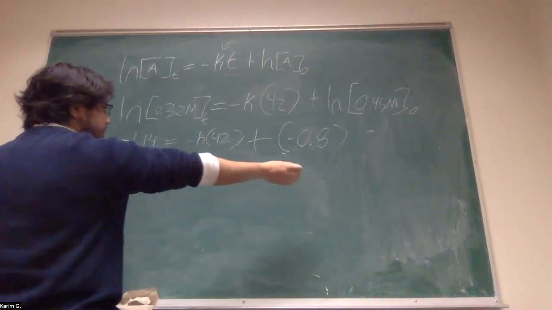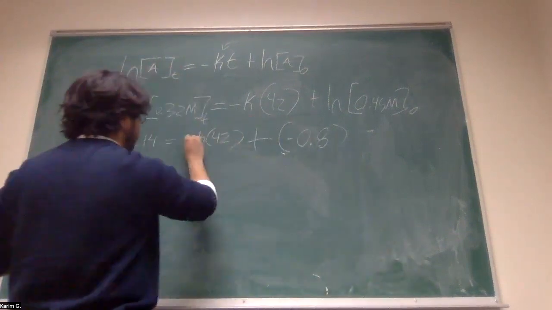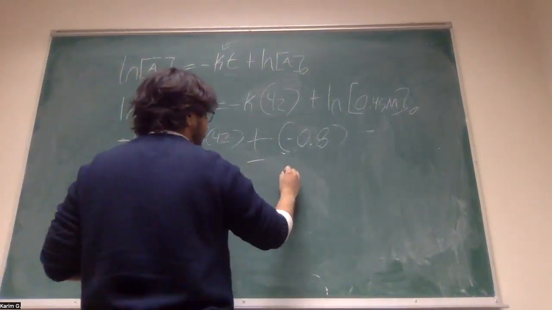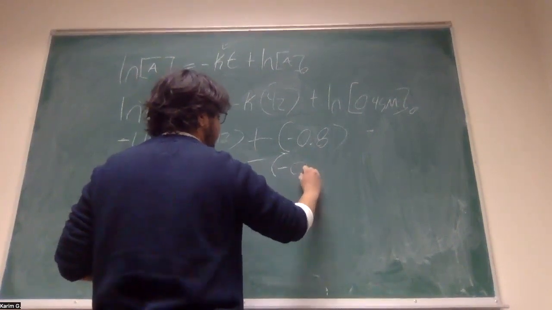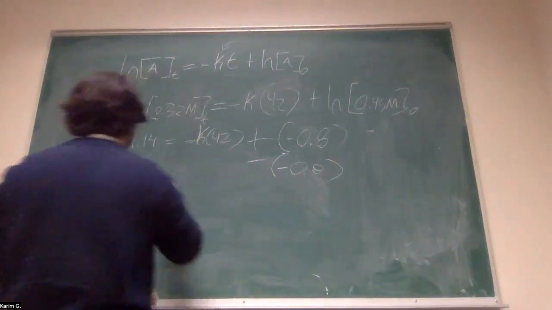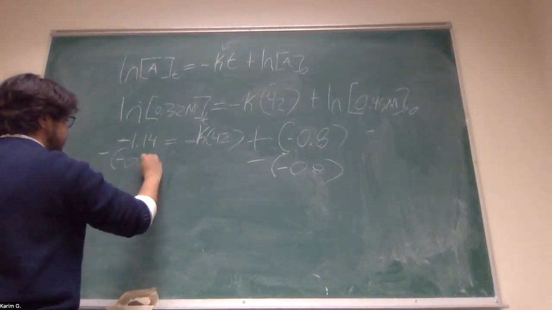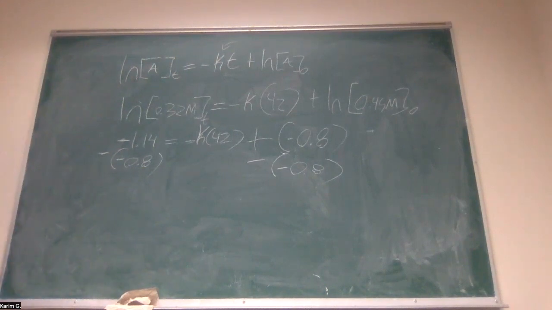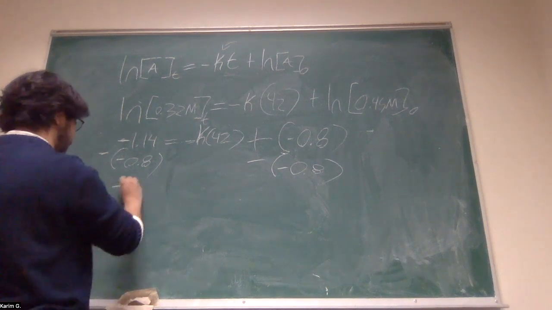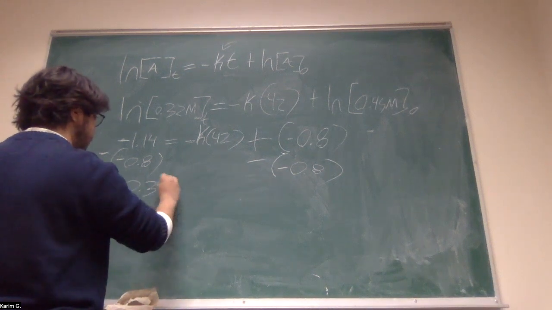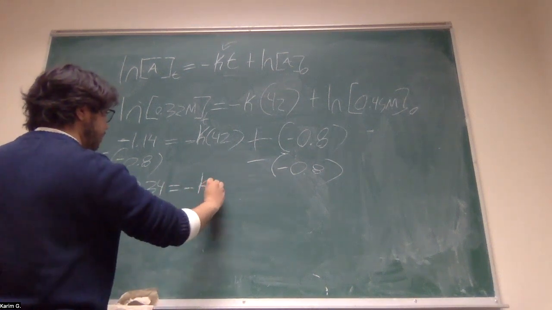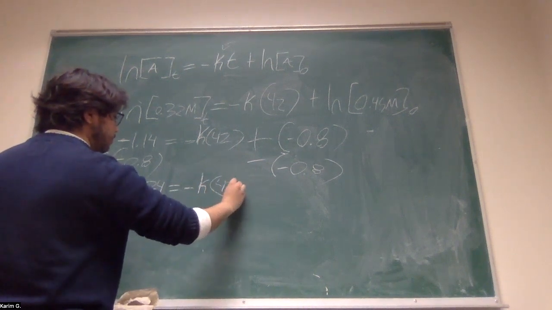So then to get K by itself, subtract here, minus, and then here it's minus, which is just a plus. So negative 1.14 plus 0.8 should give me negative 0.34, equals negative K times 42.